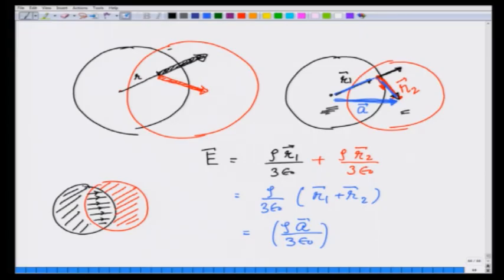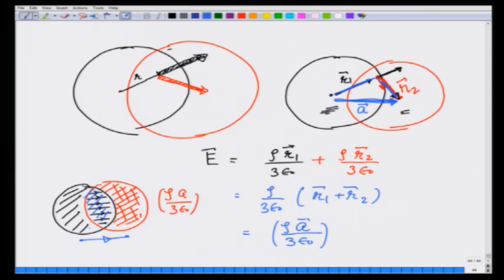Its magnitude is rho A divided by 3 epsilon 0, provided these two densities are the same. That is how everything worked out. And its direction is from the center of the positive charge towards the center of the negative charge. This is a very interesting result. No matter what you do, the field inside is constant in this hollow region.